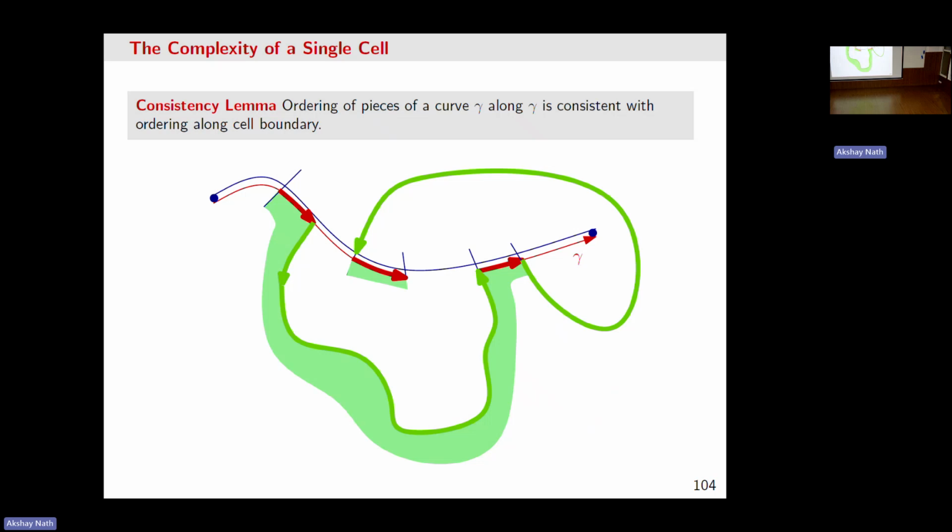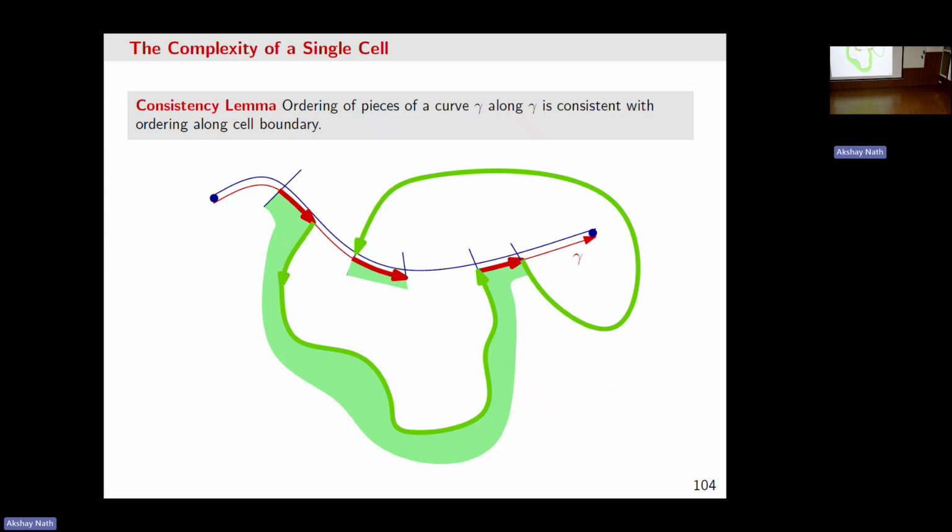I could also, instead of following the red curve, follow the boundary of my green cell. So here, this is maybe the single cell. I follow the boundary of my cell, and I go here, I encounter the red curve again, I follow the boundary of my green cell, and so on.